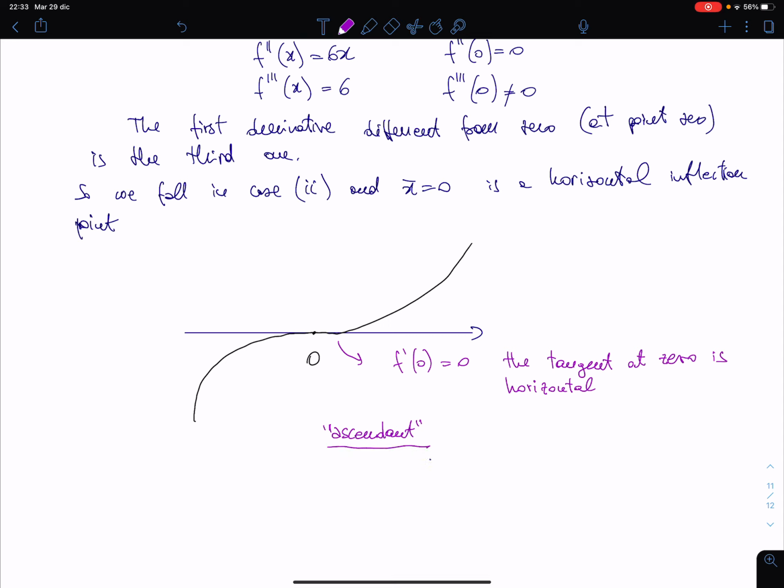So because the shape is this, it is going up.